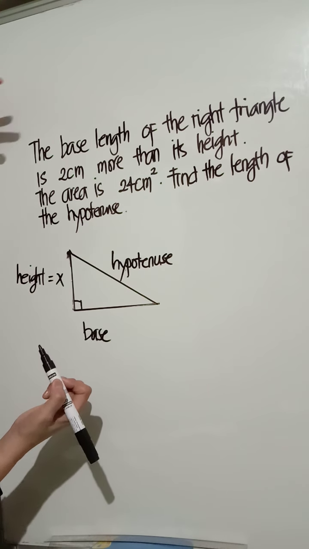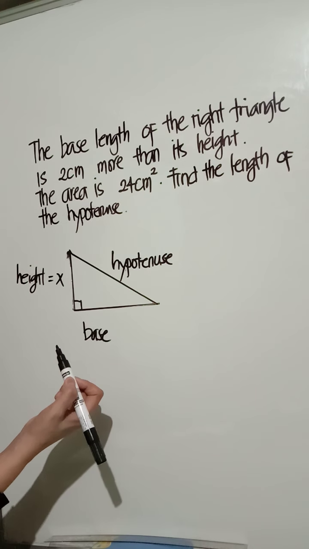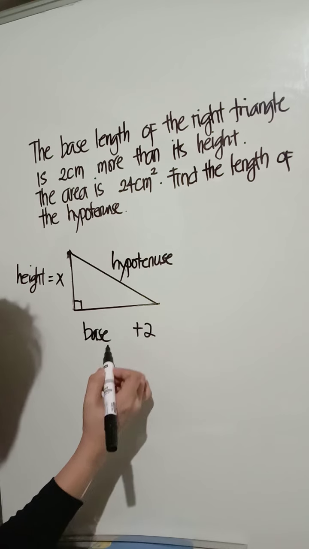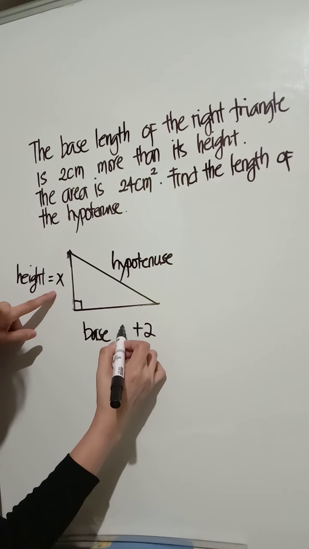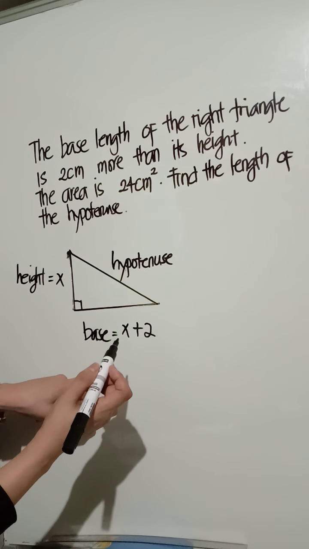And it is given that the length of the base is 2 centimeters more than its height. So we represent it as 2 centimeters more than the height, which is x. So this is now the representation of the length of the base.